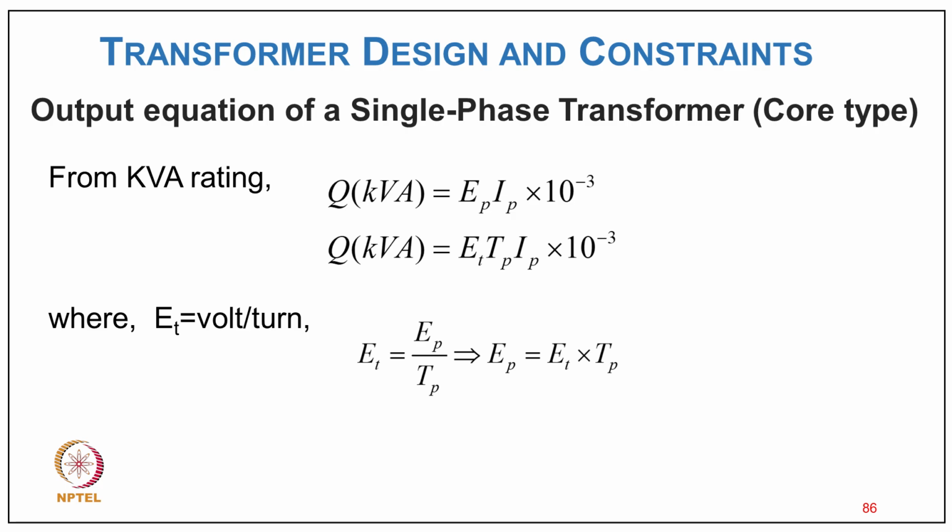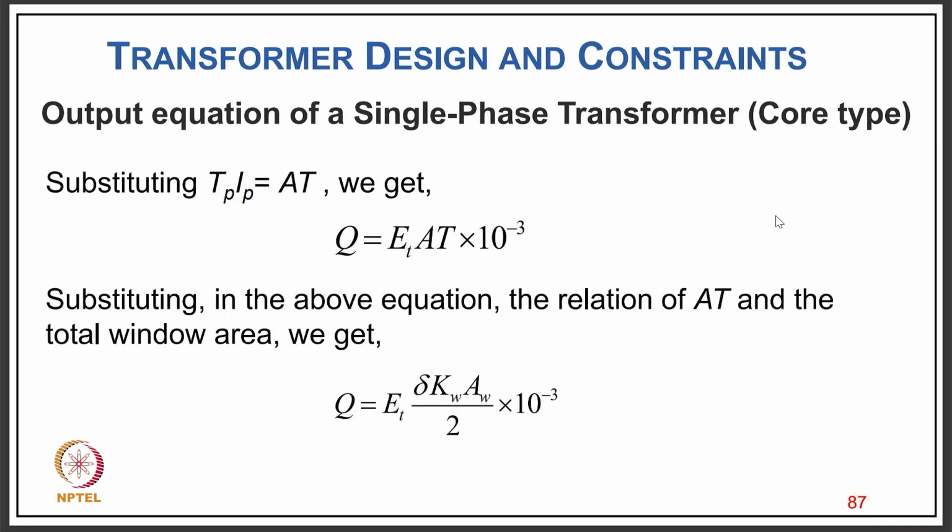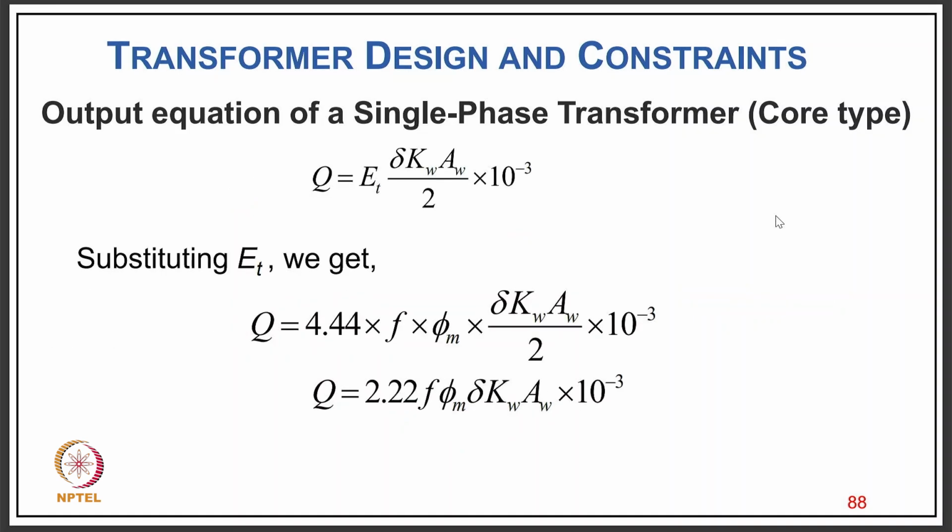We are just putting the value of EP in terms of ET into TP. Now substituting TP IP equal to AT, we can say Q equal to ET into AT into 10 power minus 3, and substituting the above relation between AT and the total window area, we get Q equal to ET into delta KW AW by 2 into 10 power minus 3.